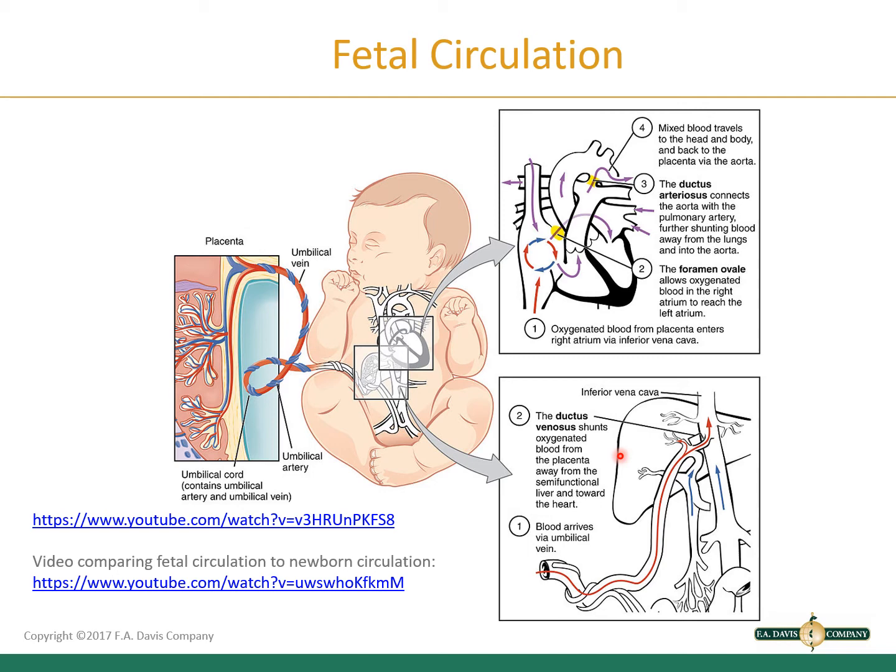There's then a small oval window or hole called the foramen ovale, open between the right and left atria. The blood skips the trip to the lungs and goes straight through the opening into the left atrium, through the left ventricle, and continues to circulate throughout the circulatory system.